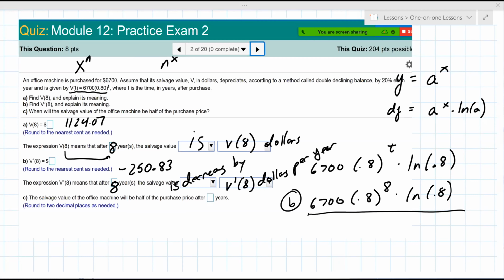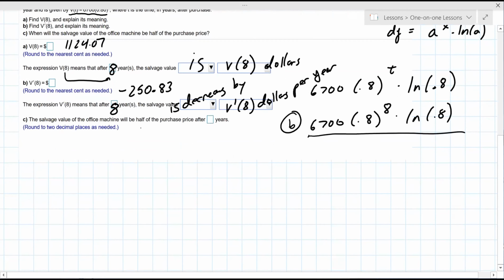Okay. Part C is not a calculus problem. It's asking when it's half of its original value. Its original value is 6,700, divided by 2 is 3,350. We're trying to figure out when this equals 3,350, so you have to solve for t.